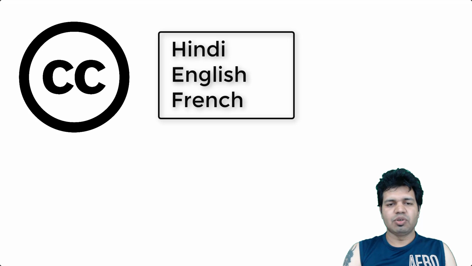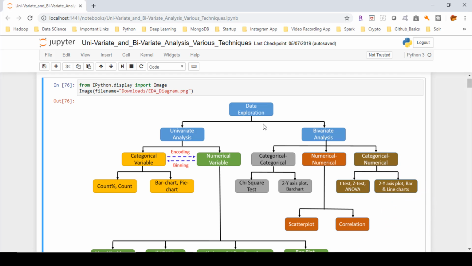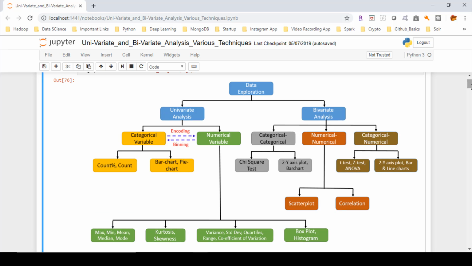Okay, so let's start with the line graph, and let me open the Jupyter notebook where I have embedded the diagram which I have created. So here's the Jupyter notebook. In this video, I'm going to cover categorical and numerical variables, where one variable is categorical in nature and the other is in numerical form.